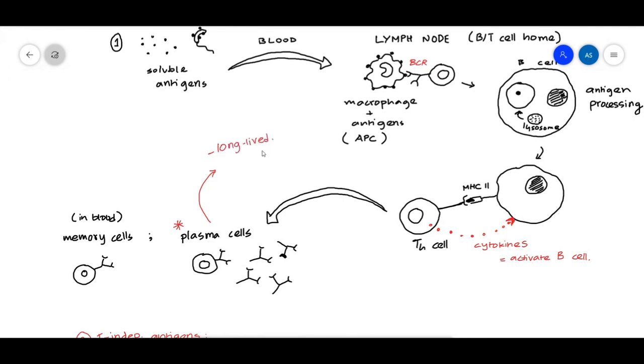So this means that they're going to have a longer life. They will be able to act against the pathogen for a longer period of time. And they're also going to be more specific. And that means they can provide a better immune response.